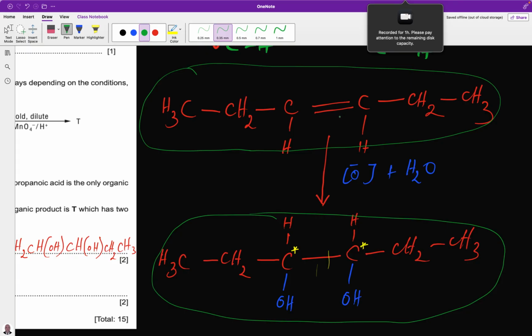There are two types of isomerism. We will have structural and stereoisomerism. Stereoisomerism is of two types: we have geometric and we have optical.